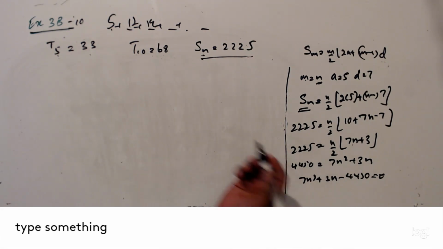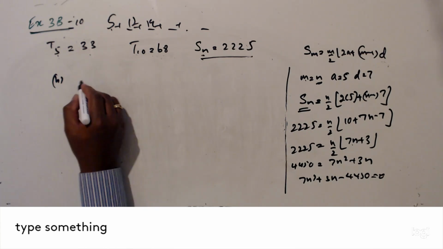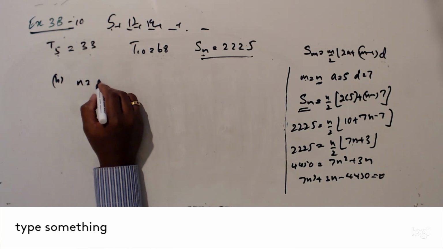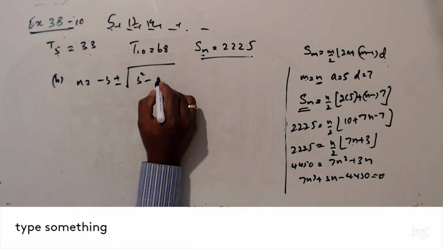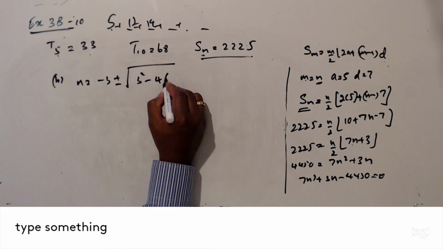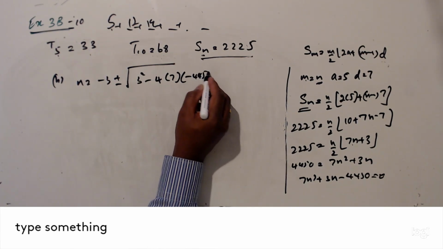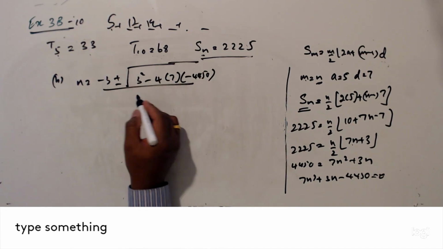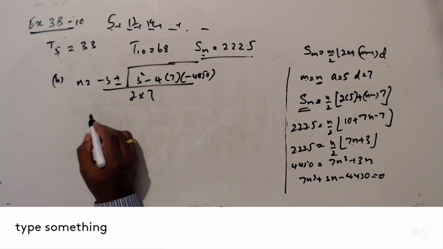Part B, we have to simplify this one. We will use the formula n equals minus b plus or minus square root of b square minus 4 times a times c, that is minus 3 plus or minus square root of 3 square minus 4 times 7 times minus 450, divided by 2 times 7.